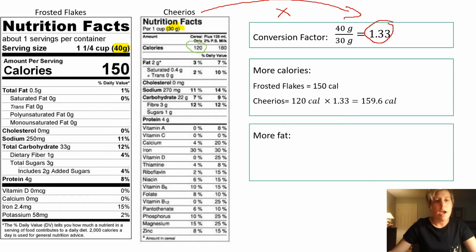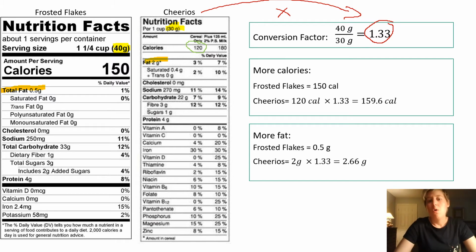The next category we're going to look at is the fat content. For Frosted Flakes, I'm really going to be focusing on the total fat. Our total fat for Frosted Flakes is 0.5 grams. For Cheerios, our total fat is 2 grams. So we take our 2 grams times 1.33, and I get 2.66 grams of fat in my Cheerios.